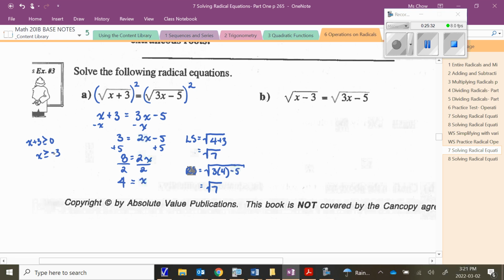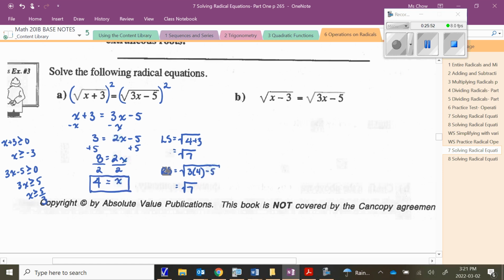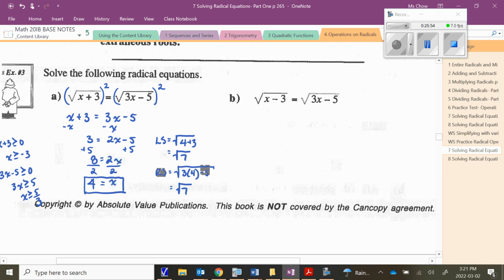No problem there. 4 is greater than negative 3. If we have 3x minus 5 greater than or equal to 0, 3x is greater than or equal to 5. x is greater than or equal to 5/3. So again, no issues. Left side equals right side. Therefore, that is my solution. That has been verified. So hit pause and go ahead and try B on your own.